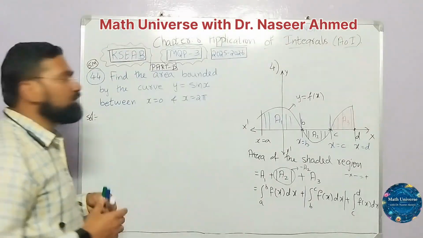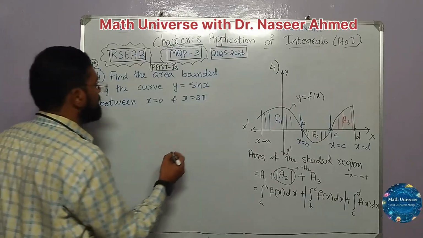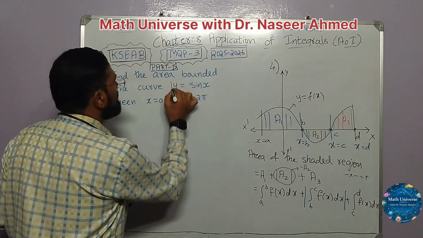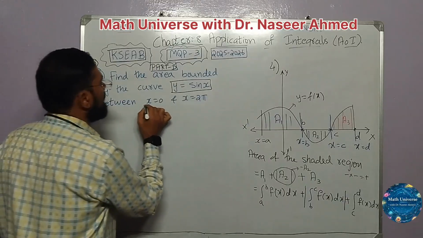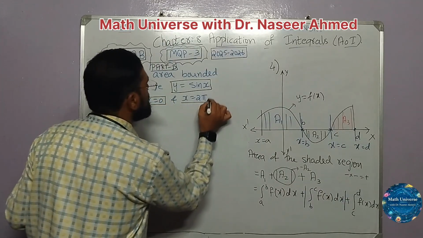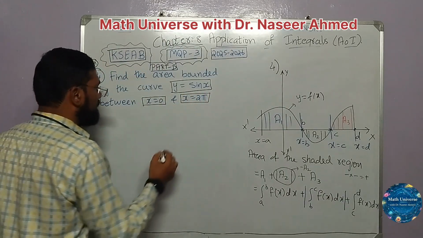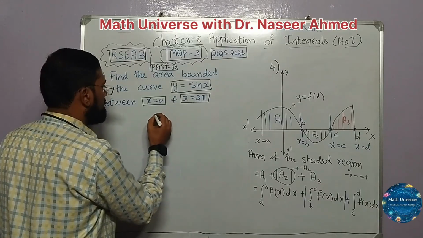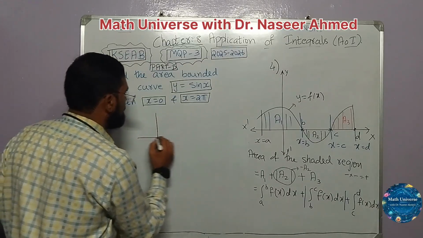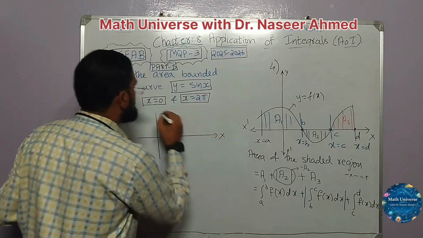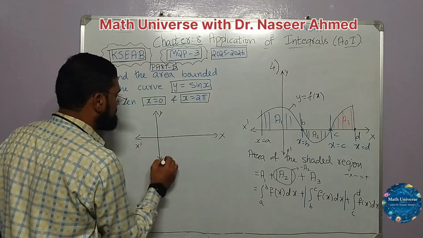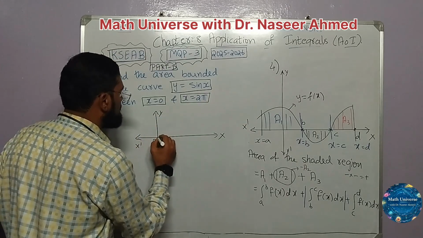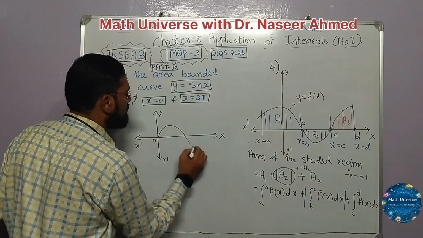So let us try to draw the graph of this. See here, we have y equal to sin x, the curve equation, x equal to 0 and x equal to 2 pi. Now the sin x curve, with x-axis, y-axis, x dash, y dash, origin 0, graph of sin x.